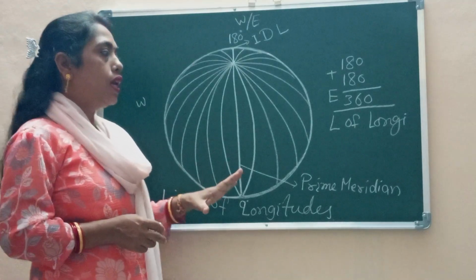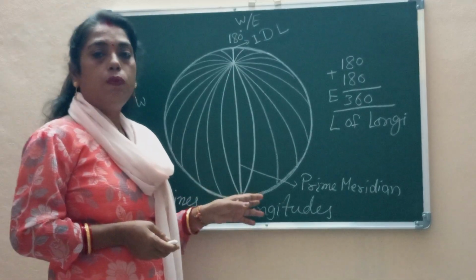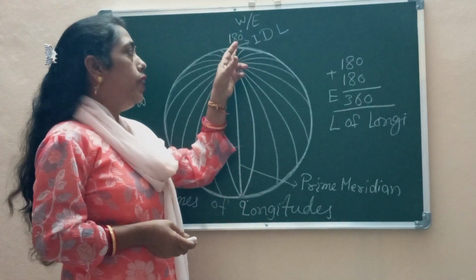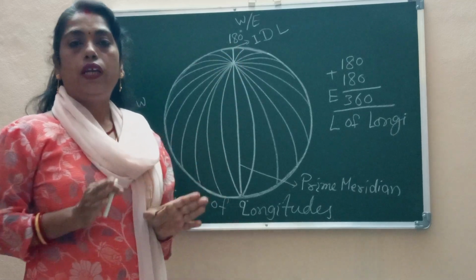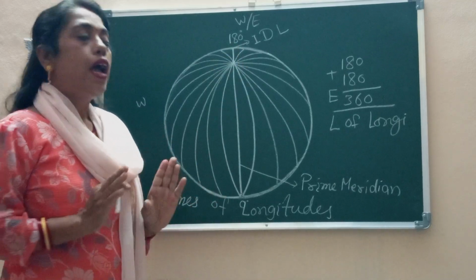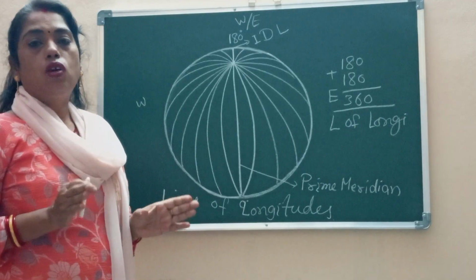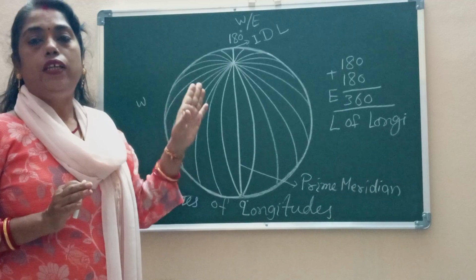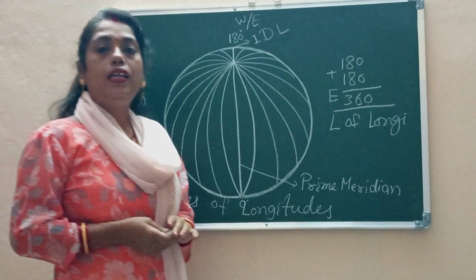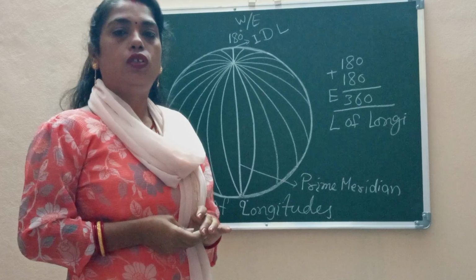So entirely we have 360. Out of that, from 0 degree prime meridian to 180 degree international date line in the eastern hemisphere, 180 lines of longitude. At the same time, in the western side, 180 lines of longitude, from 0 degree to 180 degree west. So entirely there are 360 lines of longitude.